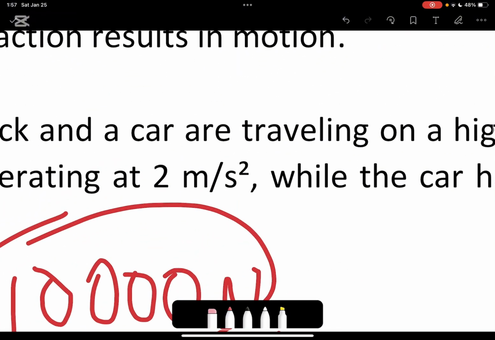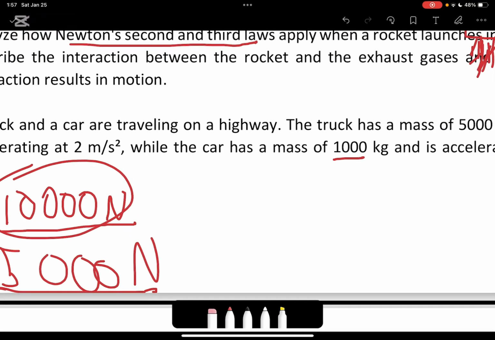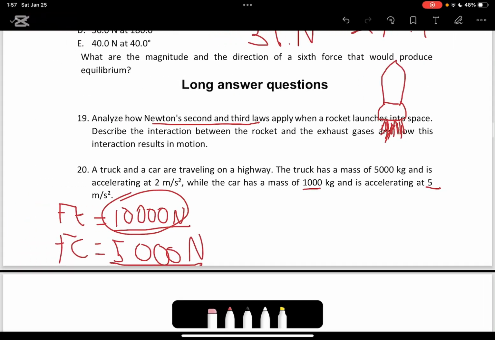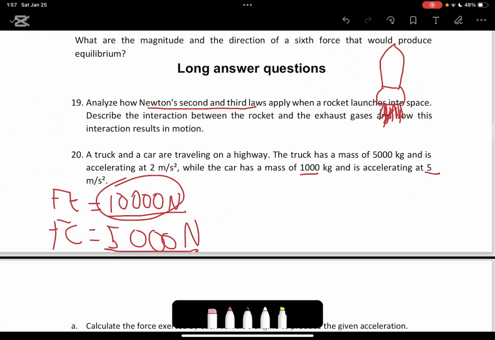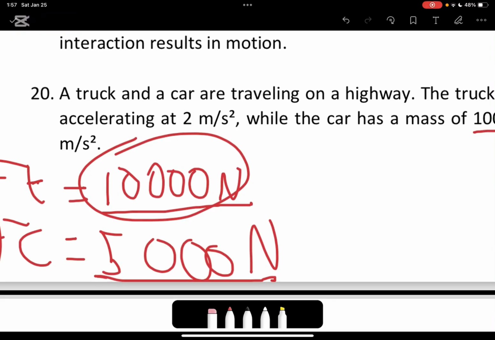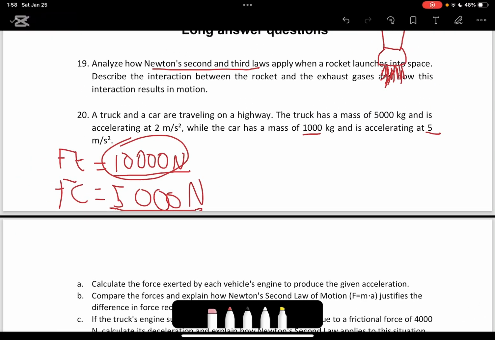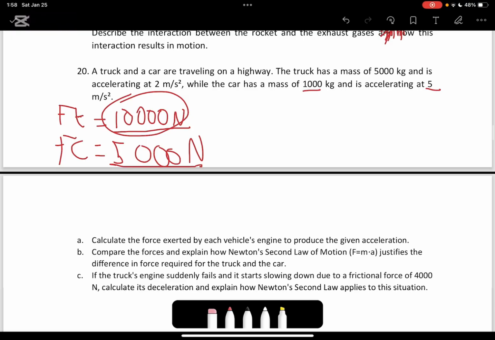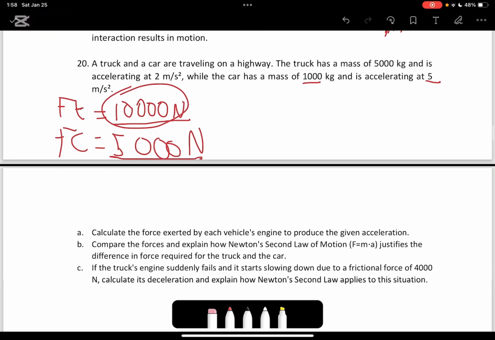That's 2.5 times more, since 2 times 2.5 equals 5. So the car has much faster acceleration, but the truck has double the force. That's the comparison. The car with a smaller mass requires less force and achieves higher acceleration.